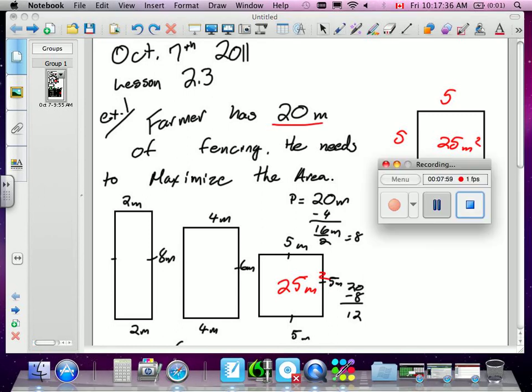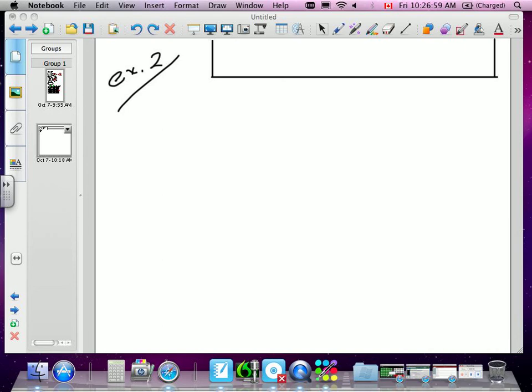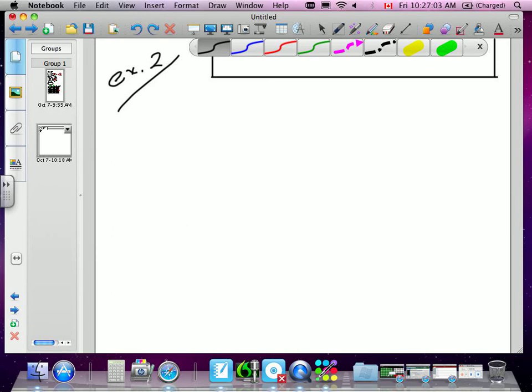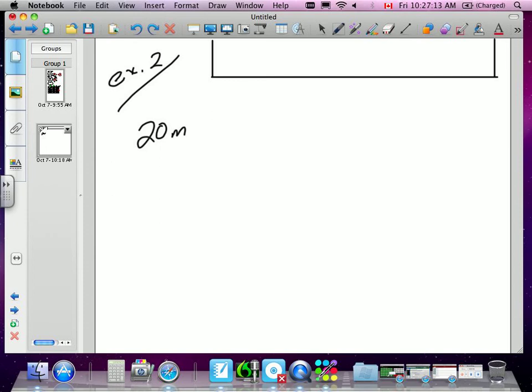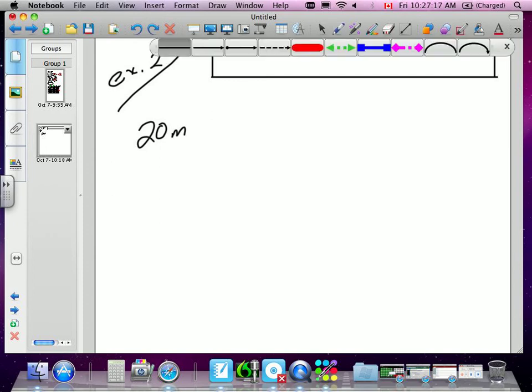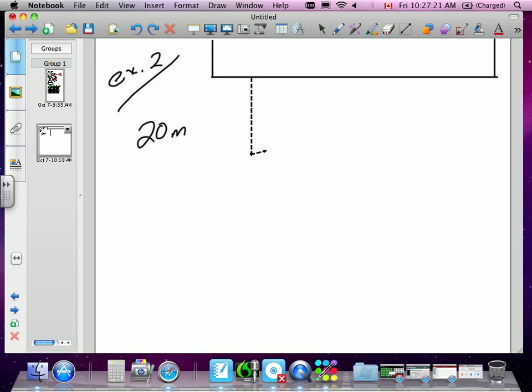Alright, same question. This farmer then decides, you know what, I have a barn, so why don't I use the barn as part of my fencing for this pen that I'm going to make for my sheep. So again, the farmer still has 20 meters to work with, but he's decided this time that he's going to use the barn as part of the fencing, and he's going to create some 4-sided shape off the side of the barn.